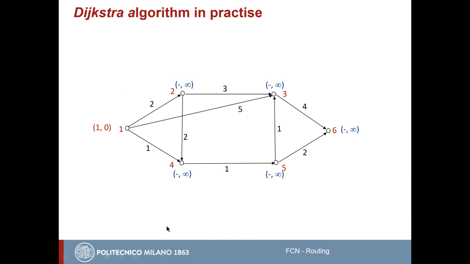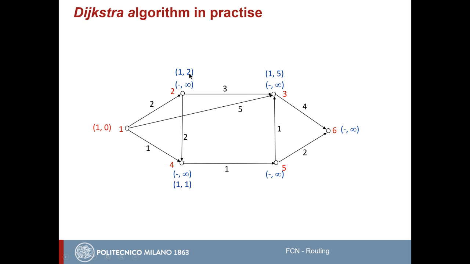So let's take the same example. Here you have initially the source node, which is distance 0, and in the first iteration we already set all the distances of the nodes that are directly connected to the source to a finite value.